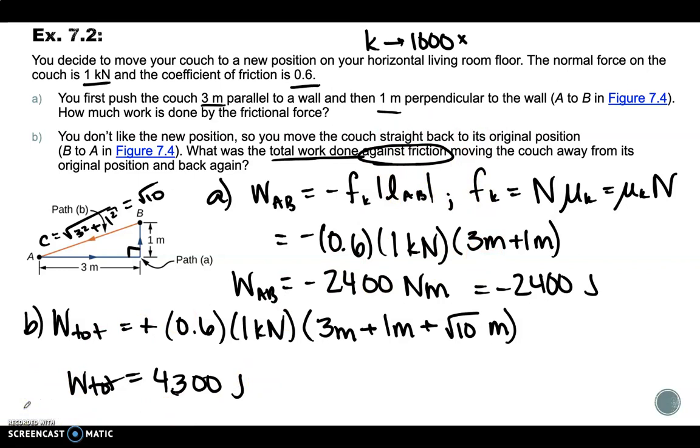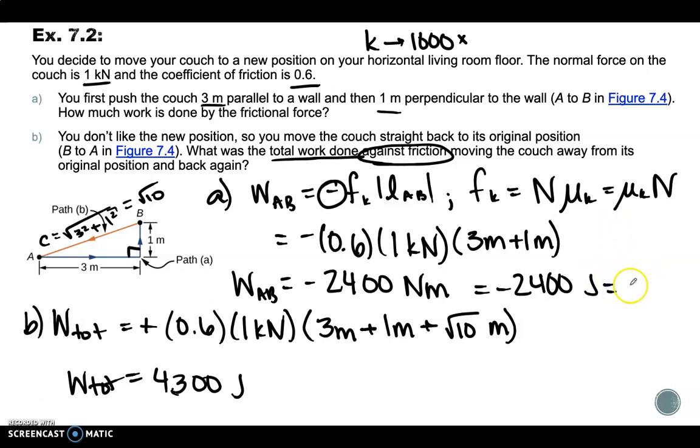All right, so note a couple things when I'm looking at the language that the problem chose. If we're saying that we want to know the work done by the frictional force, we make sure we have that negative in this formula. Now, when it says against friction, we're going to have a positive value. One other thing to note is that the kilonewtons, we could have left this in kilojoules.